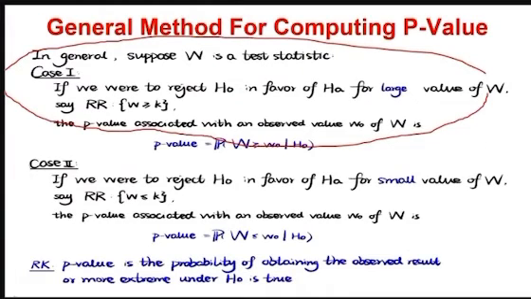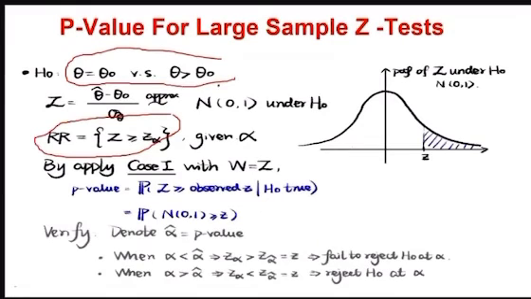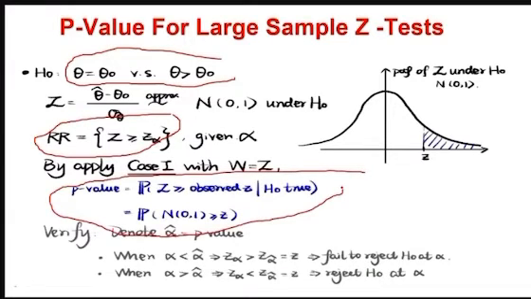Now here, don't forget, this is an upper tail test. Before the null hypothesis can be rejected, your test statistic has to be very large. When your test statistic is very large, that is moving towards the alternative. Now, take a look at this. This is how I'm going to get my p-value: the probability of Z greater or equal to the observed Z, given that H naught is true.